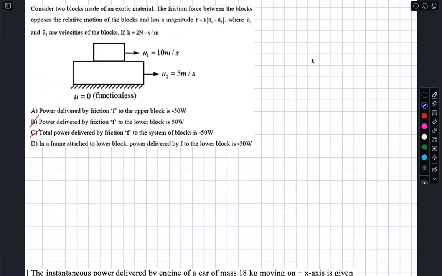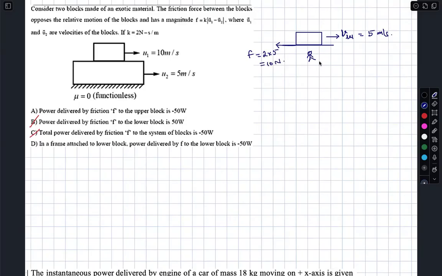Now, what is the relative velocity with respect to the lower block? Relative velocity is 10 minus 5 meters per second. So therefore, the friction is k, 2 into 5, 10 newtons.